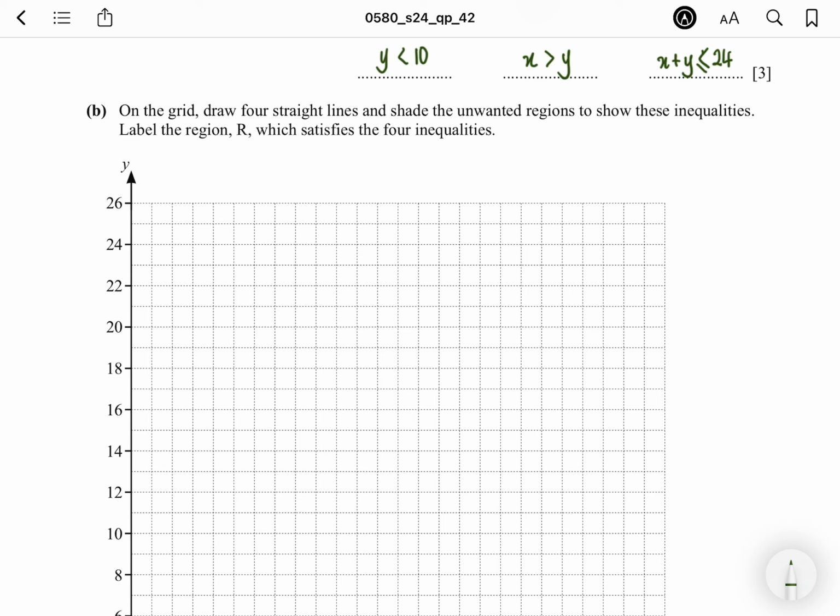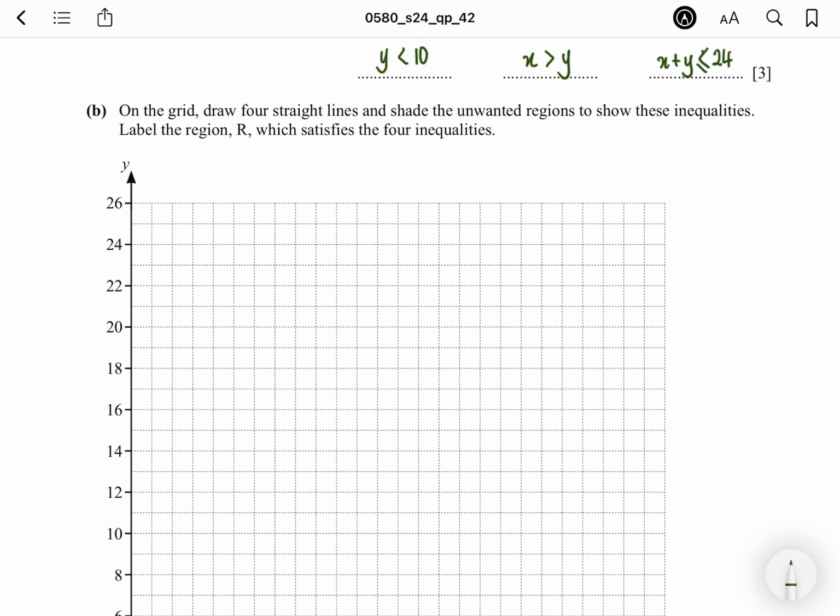Because kami kena tanya unwanted ni. So our keyword was when we do this one, not only we need to draw the lines correctly, but we also need to baca soalan itu whether we are supposed to shade the unwanted or the wanted region.